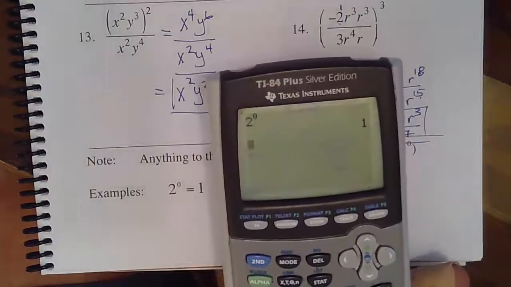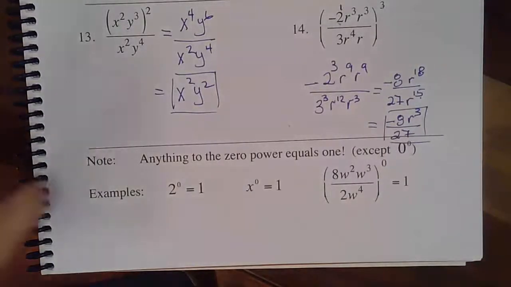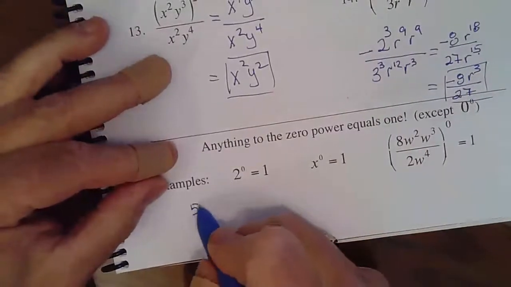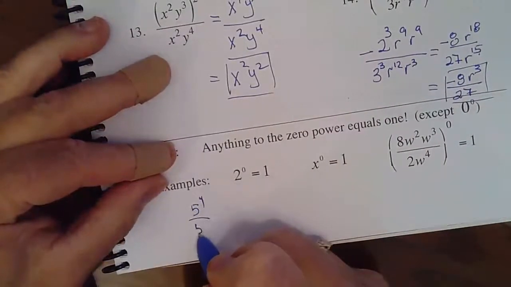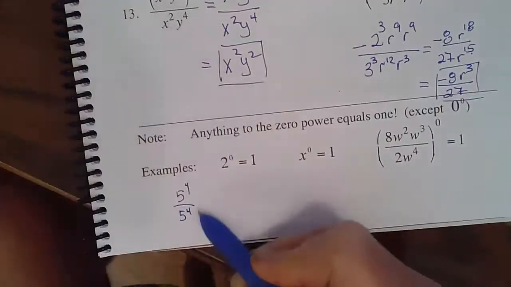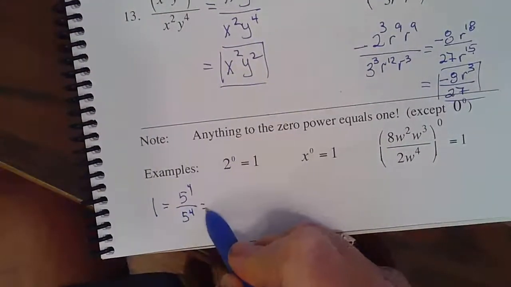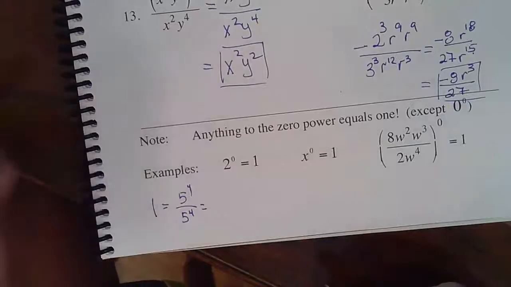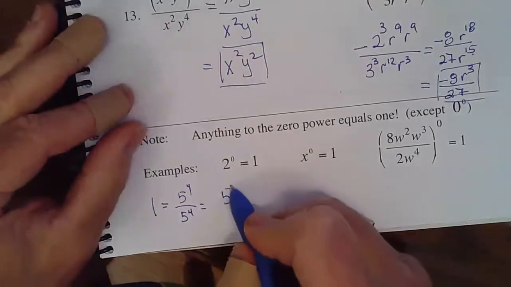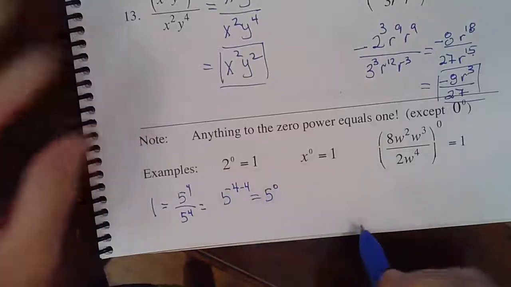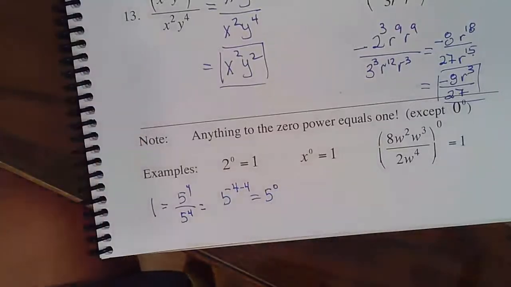So if I wanted to explain why that might be true, if you had 5 to the 4th over 5 to the 4th, aren't those identically the same? So if that's true, it's 1. But if I use the rule that you subtract exponents, so 5 to the 0 is 1.